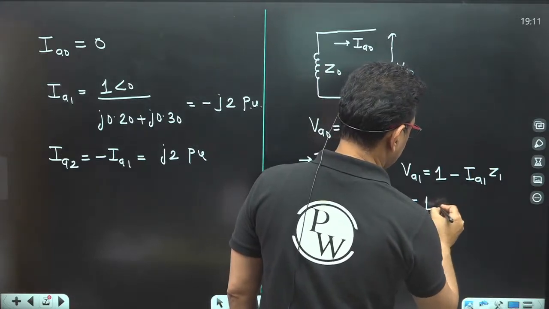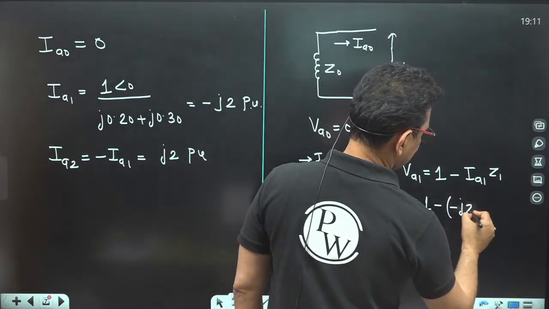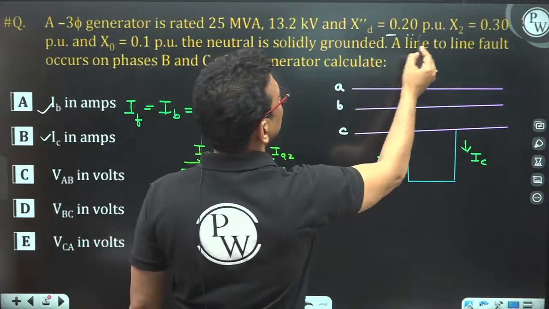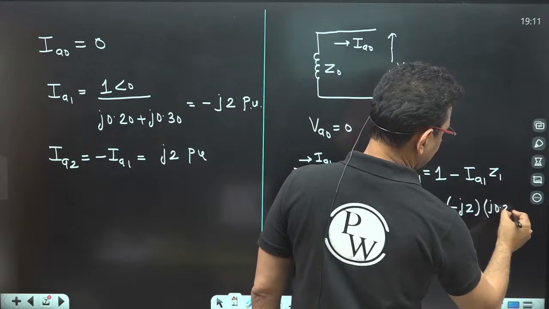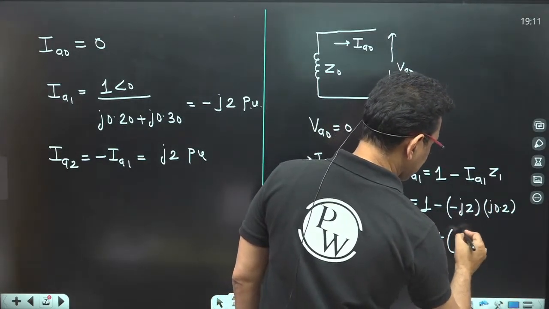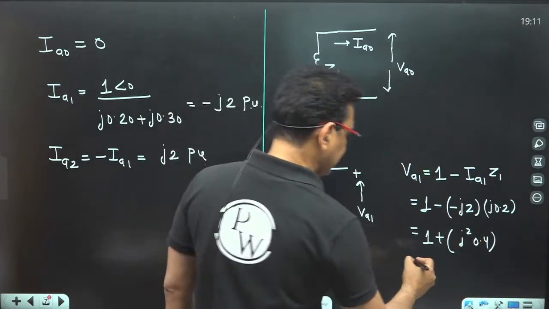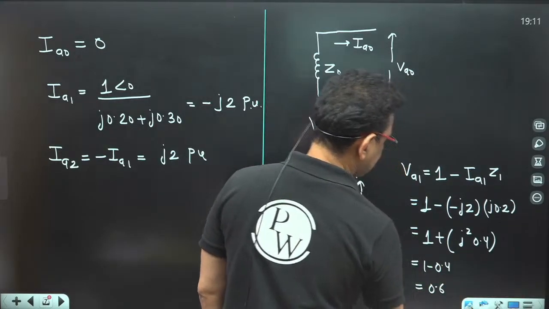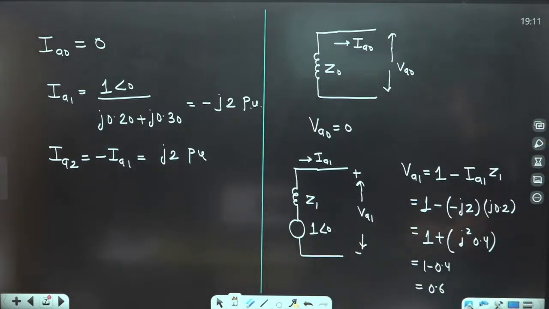So 1 minus IA1, that is minus j 2, into Z1, the positive sequence reactance j 0.2. So minus minus becomes plus j square 0.4, and we all know that j square is minus 1. So 1 minus 0.4 becomes 0.6. So the positive sequence voltage is nothing but 0.6 pu.